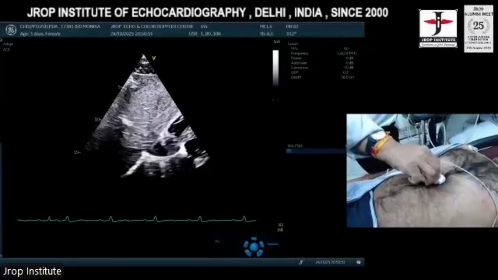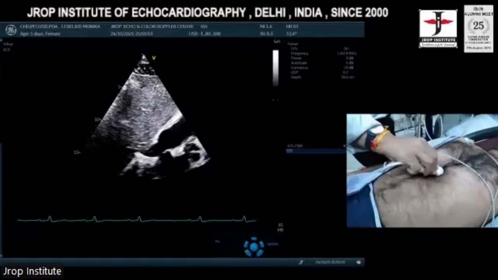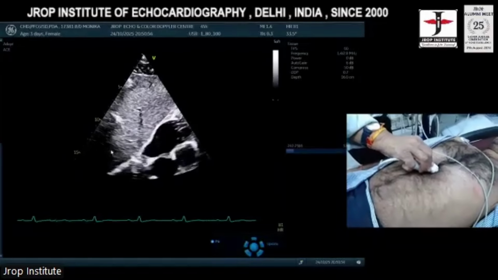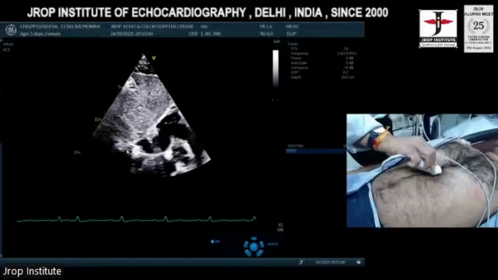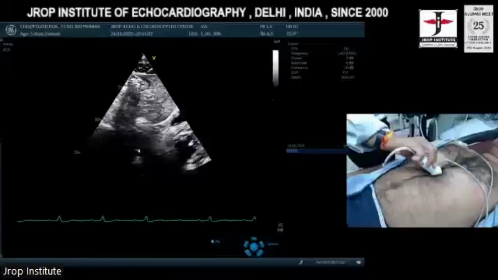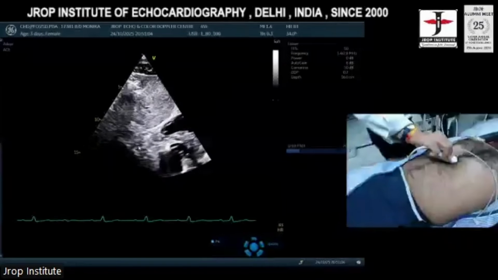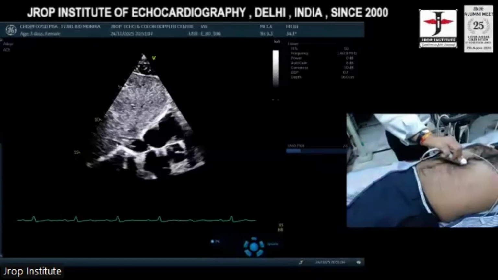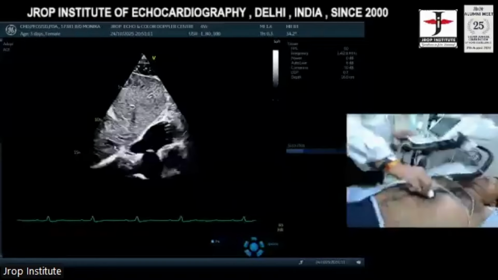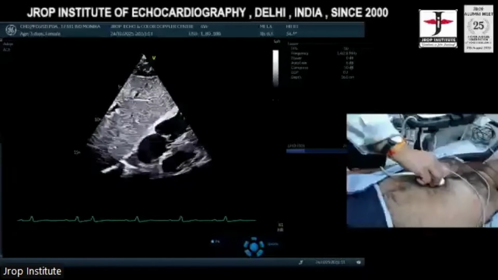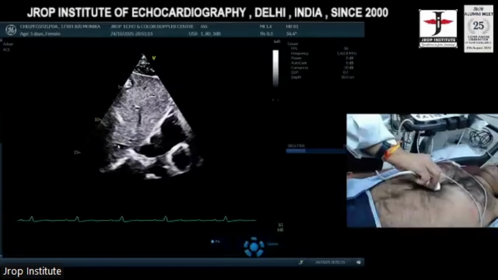Counterclockwise rotation, IVC. Look, this is all IVC. Very small. Be careful, behind the IVC there is the aorta. This is IVC. Subtle counterclockwise rotation.